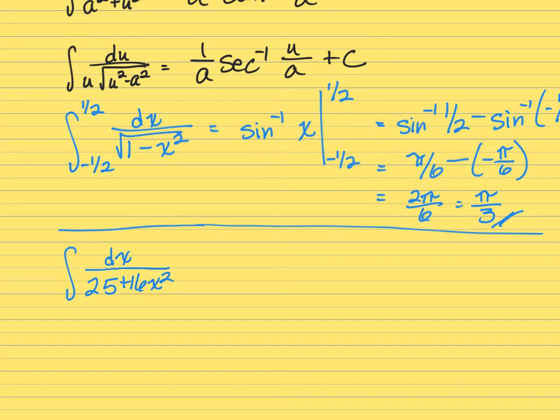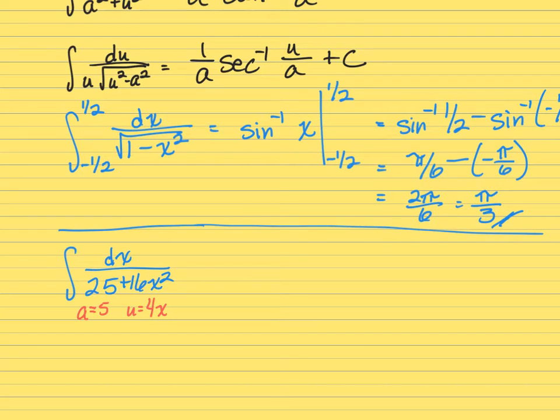The thing to notice in here real quickly is it will fit the pattern if we let a equal 5. Then of course 5 squared is 25, and then u itself is going to be 4x, right? Because when you square u, you get 16x squared.